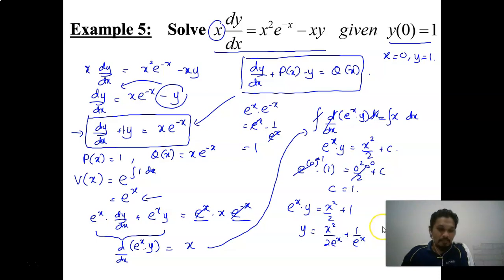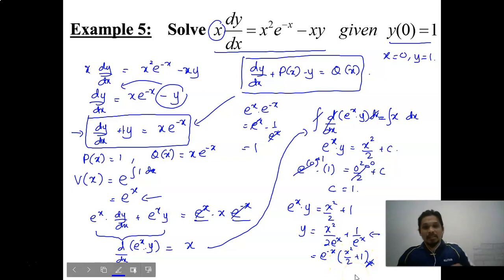Okay, for this one it can also be written as e power of negative x times x squared over 2 plus 1. This is more than enough, but this is the simplest: e power of x in the denominator, bring it above as e power of negative x, and then x squared over 2 plus 1.